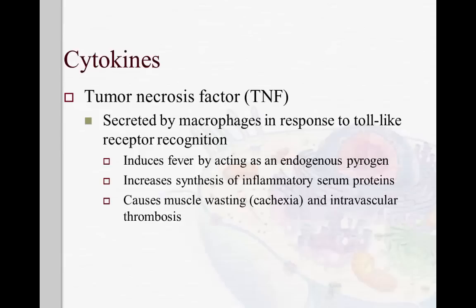So the most relevant factors here are fever, muscle wasting and cachexia, and also thrombosis. So when the patient has sepsis and septic shock, this tumor necrosis factor is the one that produces high levels of fever, catabolism and cachexia, and even clot forming.